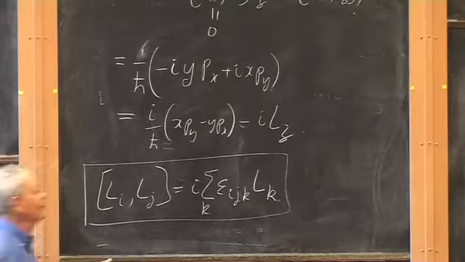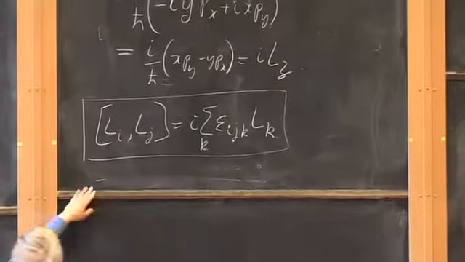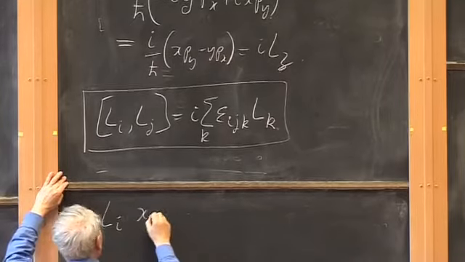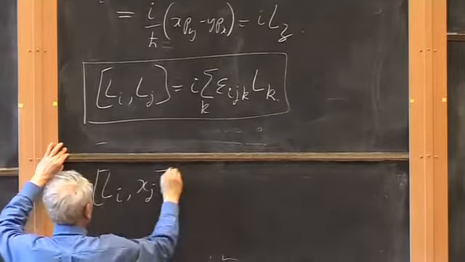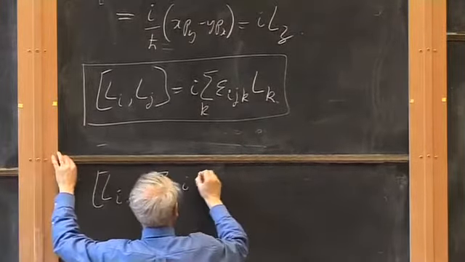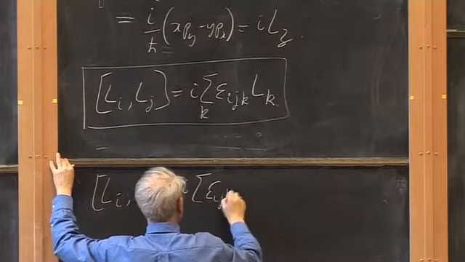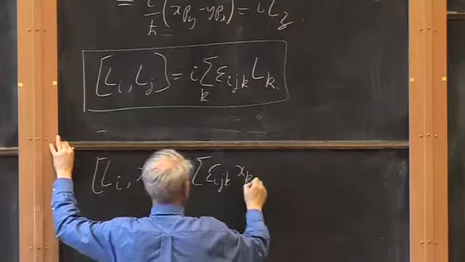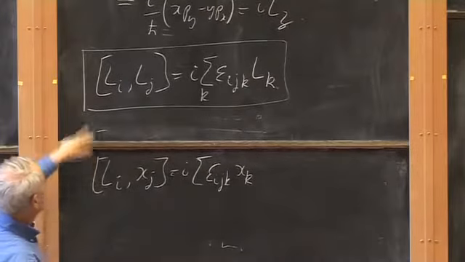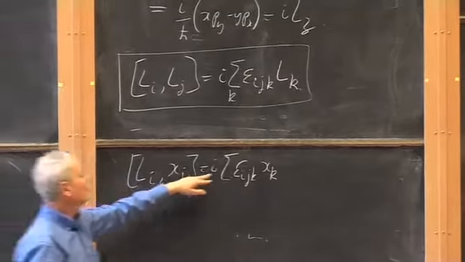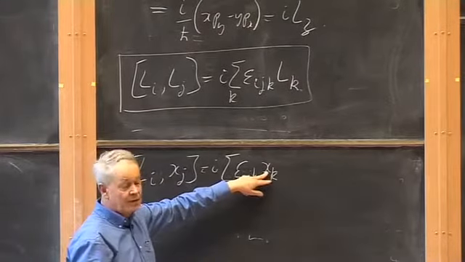So let me repeat a result we've already got. [Li, xj] is equal to i epsilon_ijk xk. So L commuted with any component of a vector produces i times the third component of the vector.